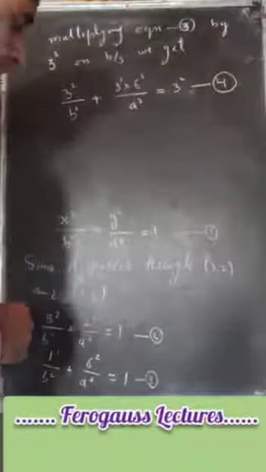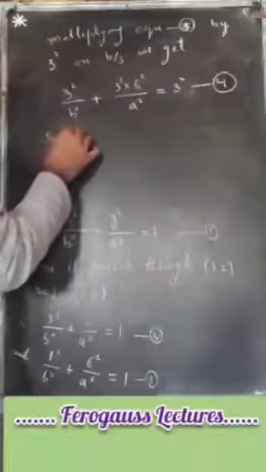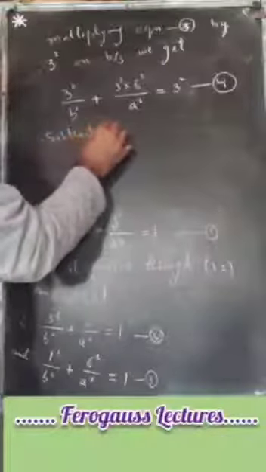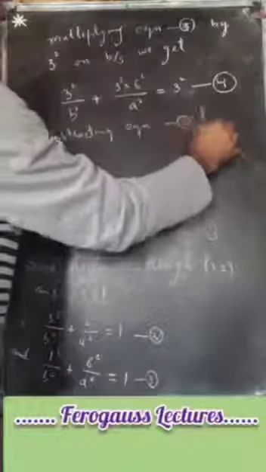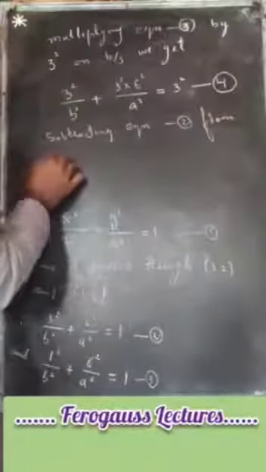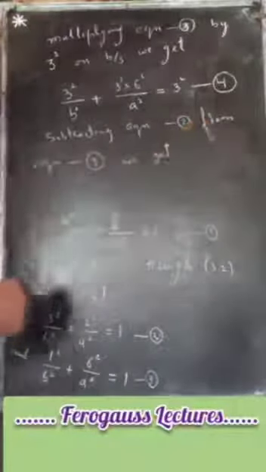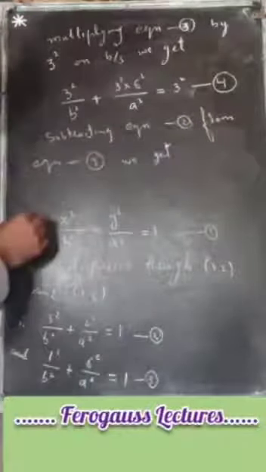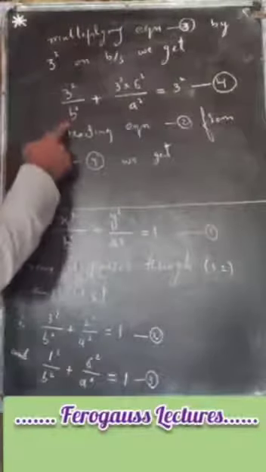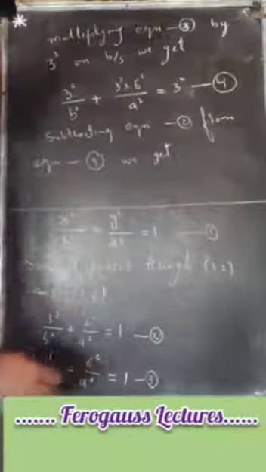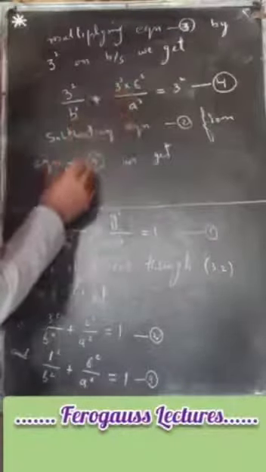Now subtracting equation second from equation fourth, we get 3 square by b square minus 3 square by b square cancels. 3 square is 9 and 6 square is 36.